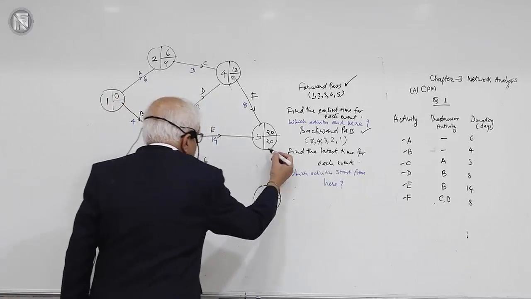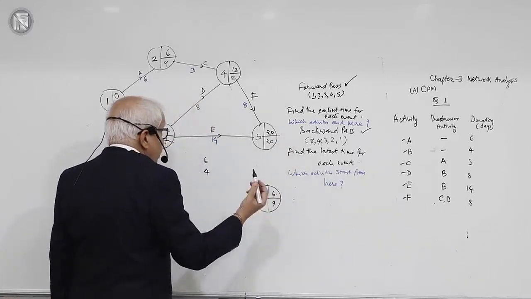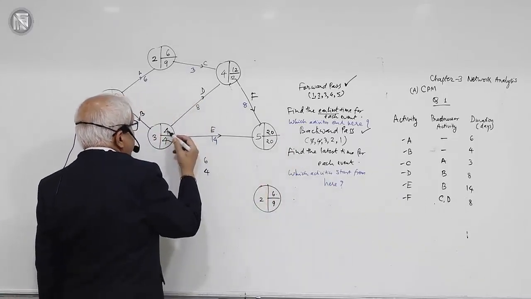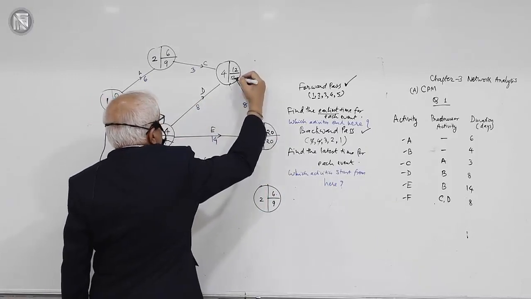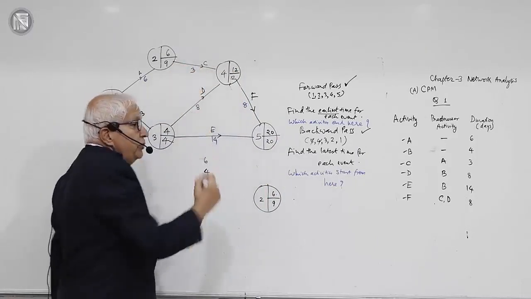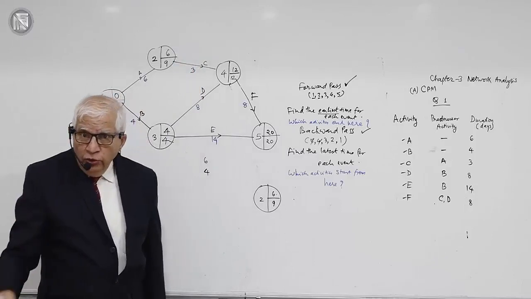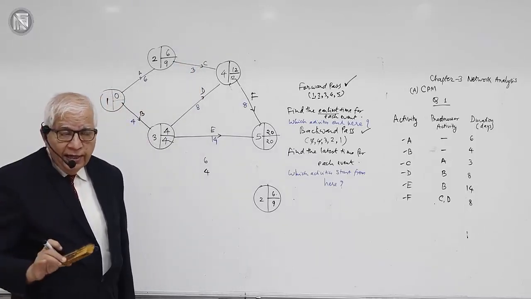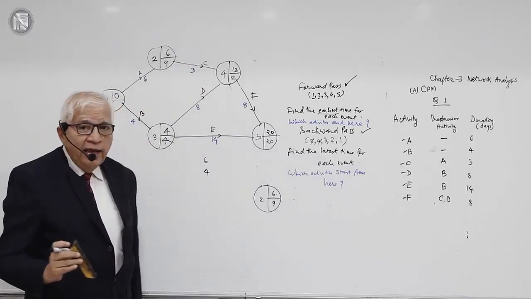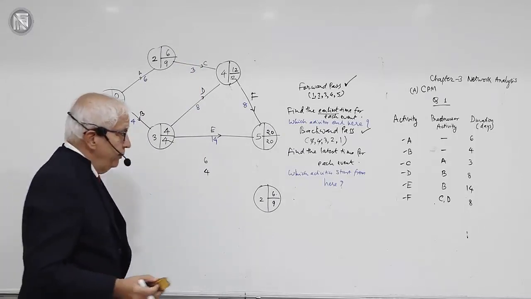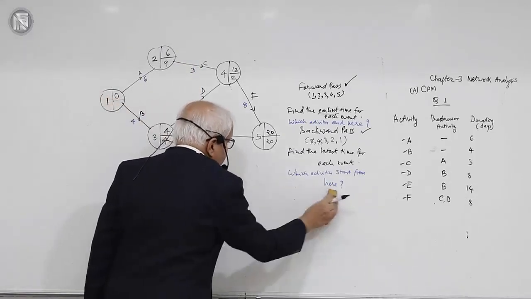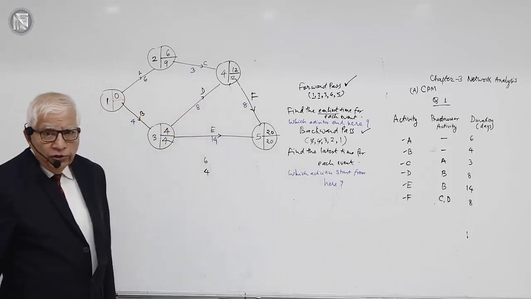So what is the slack over here? Slack here is 0. Slack here is 0. Slack here is 0. But slack here is 3. So the only event so far which has a slack is event 2 and the slack is equal to 3, 9 minus 6.